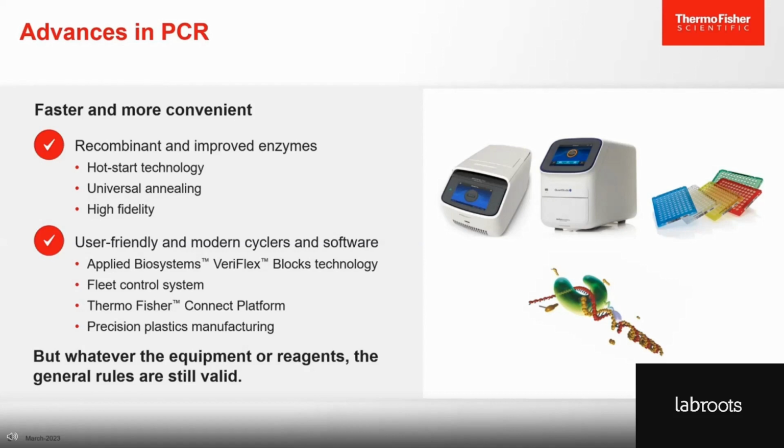Fortunately, with DNA polymerases with hot start technology, universal annealing, and high fidelity, as well as user-friendly and modern thermal cyclers with VeriFlex block technology, Thermo Fisher Cloud, and precision plastics manufacturing, PCR has become faster, more efficient, and more accessible.